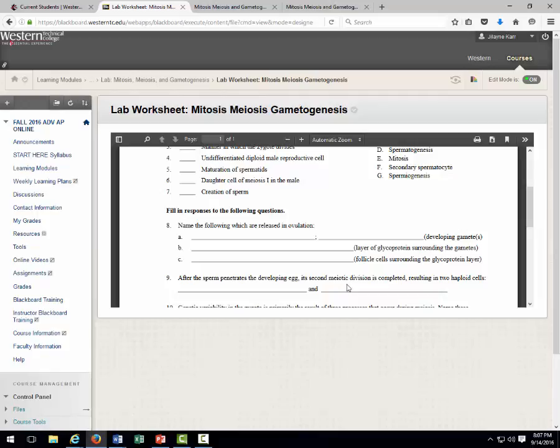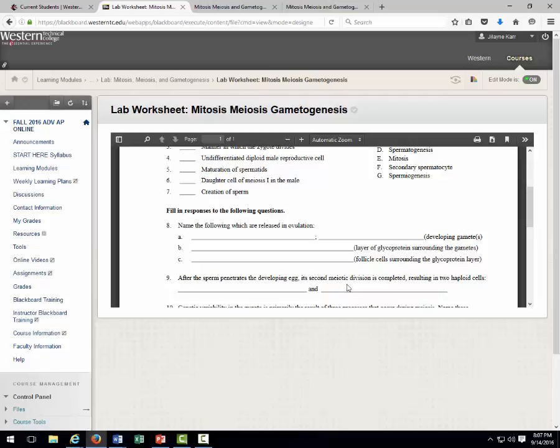And the layer of glycoprotein surrounding the gametes in females? No, the corona radiata is not it, it's the zona pellucida. Think of it like a zone. It's like the outer layer that needs to be penetrated for fertilization.